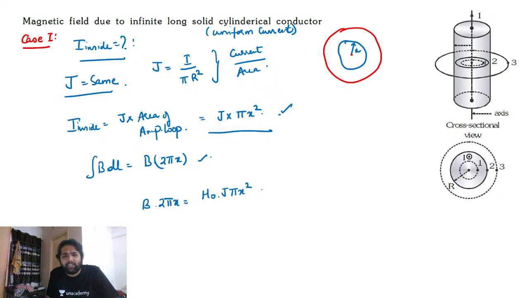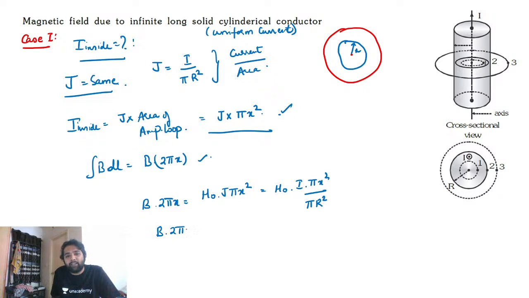So we directly write it as mu naught into I into pi x square by pi r square. So pi cancel हो गया, तो इससे क्या आ जाएगा? B into 2 pi x will be equal to mu naught into I into x square by r square. तो इससे फील्ड आ गया हमें एकदम मस्त वाला इक्वेशन, mu naught I by 2 pi into x by r square.